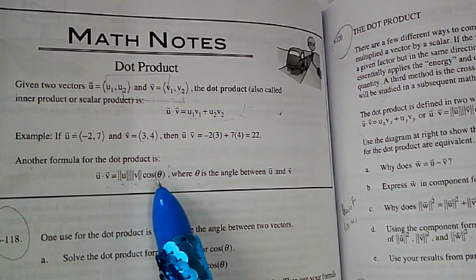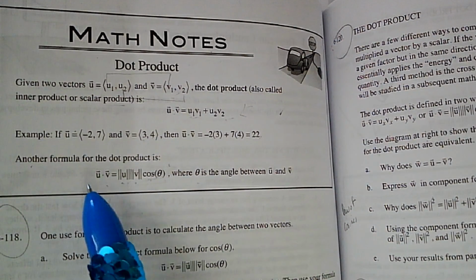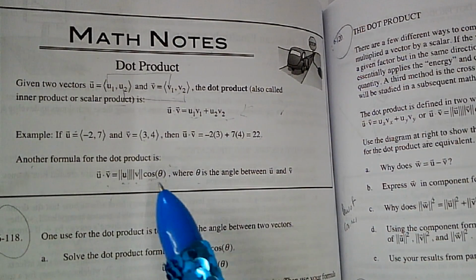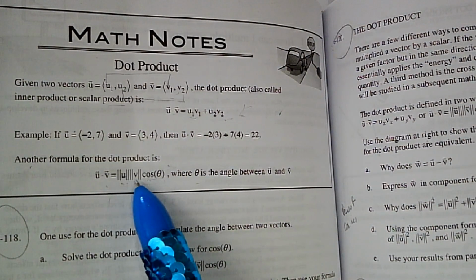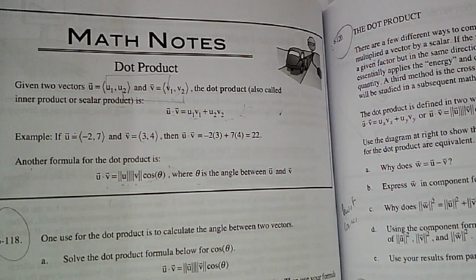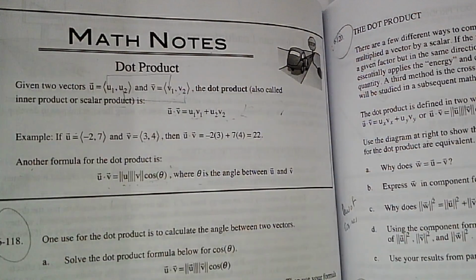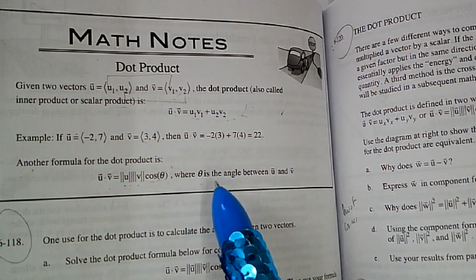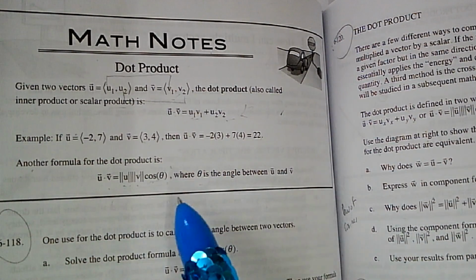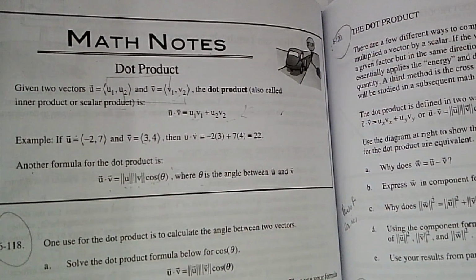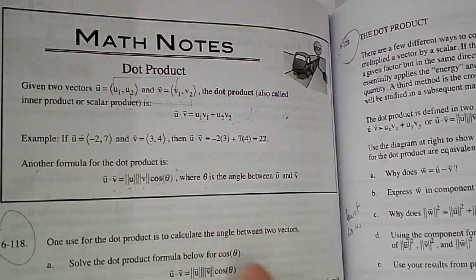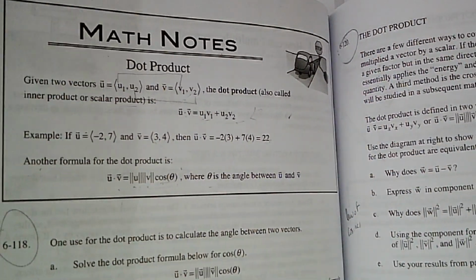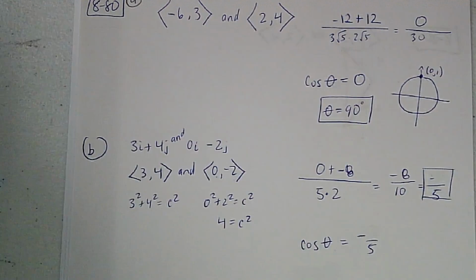Well, what I did is I solved this for cosine theta by dividing both sides by the magnitude of u and v, because what I usually use this formula for is actually finding the angle between some vectors when I can remember to do that. I have this written in my magic book, so I'm just going to use that from now on. So here's my magic book.